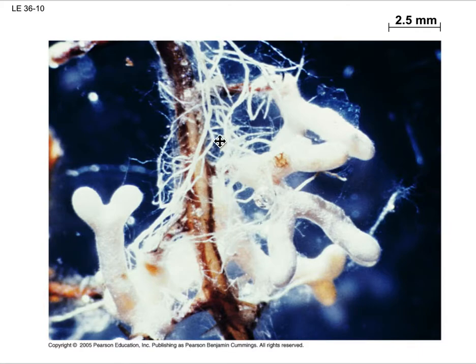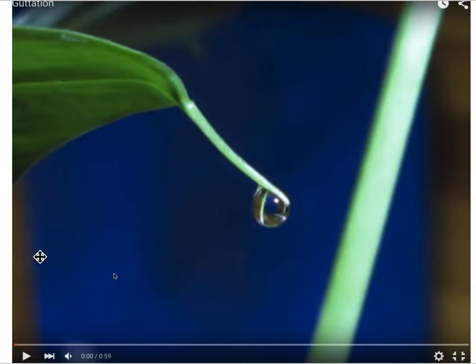So fungi are much better at absorbing things than plants can be, and this is why most of them have this beneficial relationship where the fungus absorbs things like water, ammonia, other nutrients, and then the plant gives the fungus a little bit of sugar in exchange. So it's a win-win.